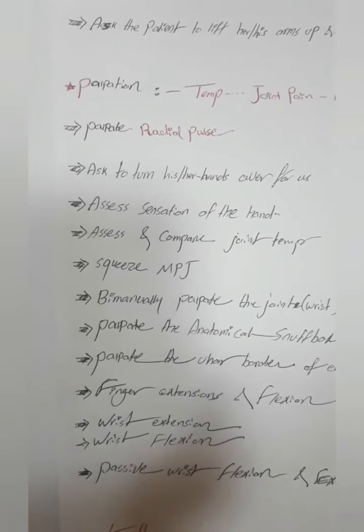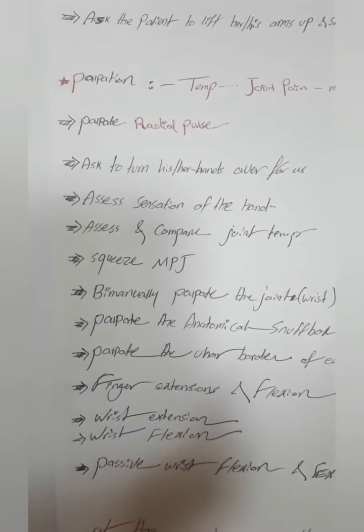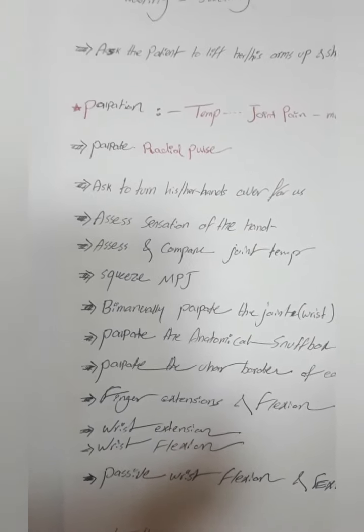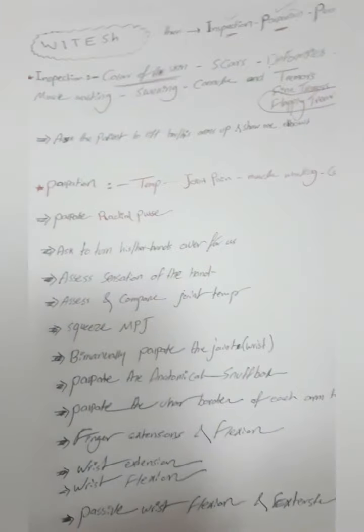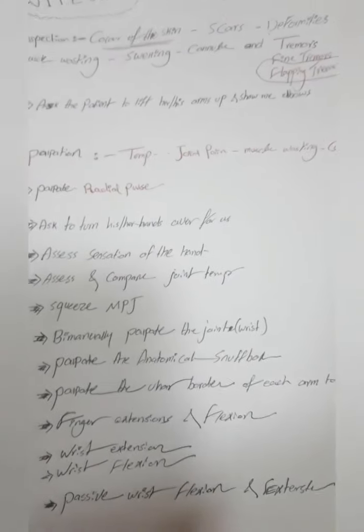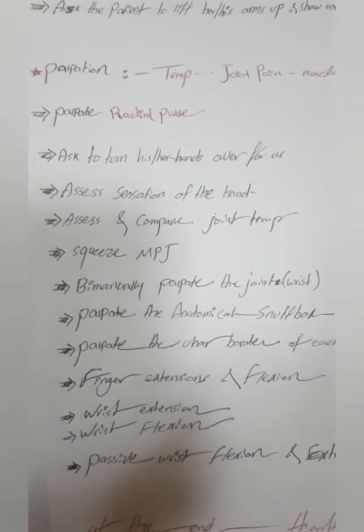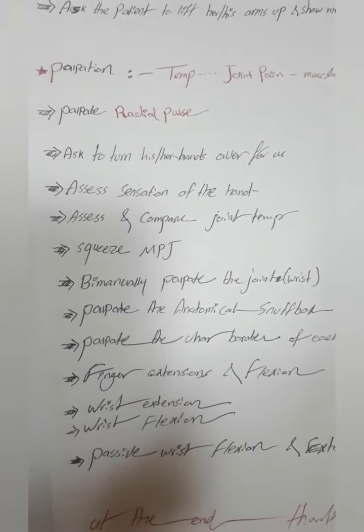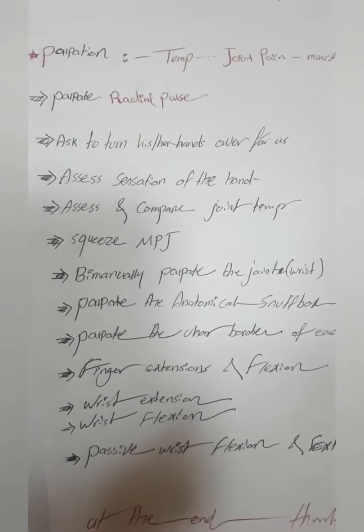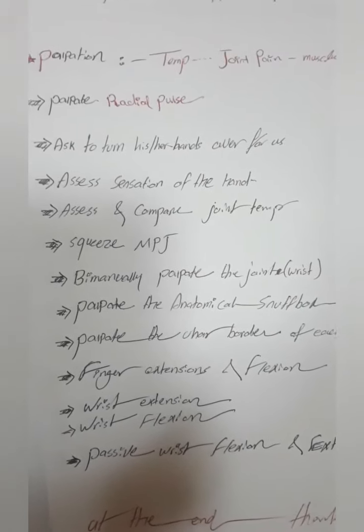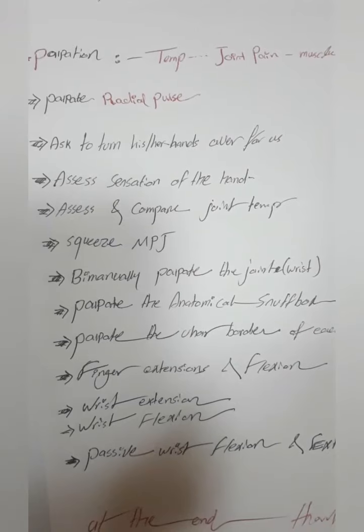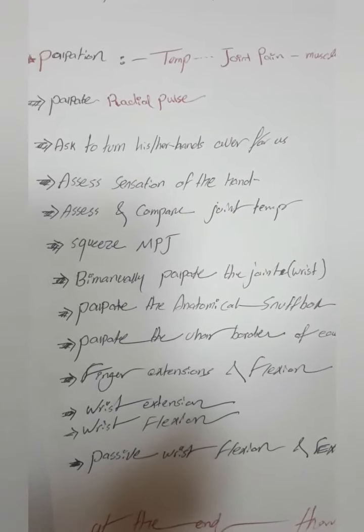You're gonna touch the thenar for median nerve and hypothenar for ulnar, and ask the patient to turn the hand like this for us and gonna touch here, okay, like this for radial nerve. And then we have to assess and compare joint temperature, and then squeeze the metacarpophalangeal joints. I mean, just press or squeeze the metacarpophalangeal joints, observe for signs of discomfort, okay?